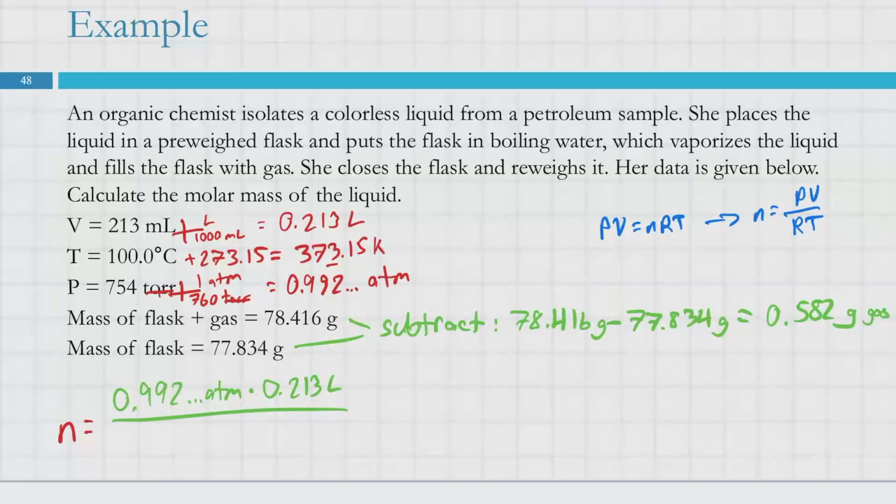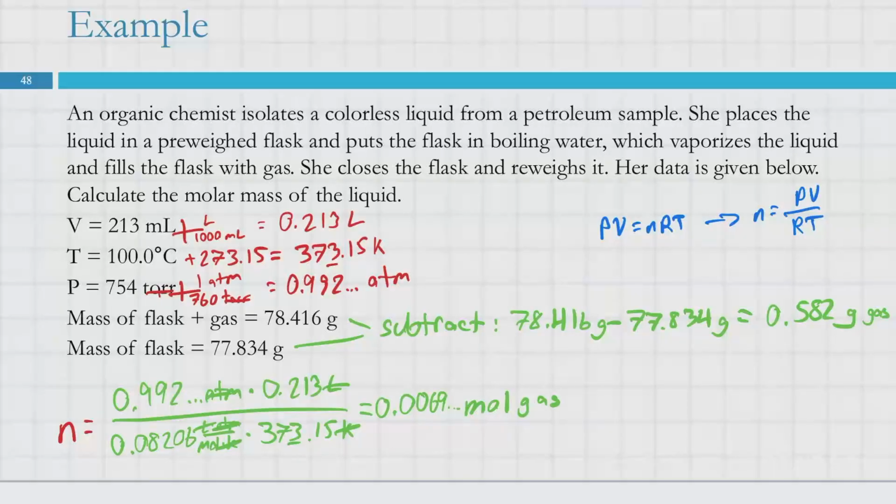So we've got pressure and volume on the top, and then we put our R value, and our T value. As we saw earlier, all our units cancel out except for moles. We've got 0.0069 and change moles of gas.